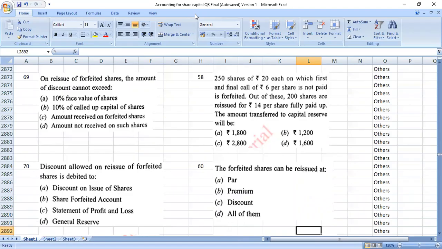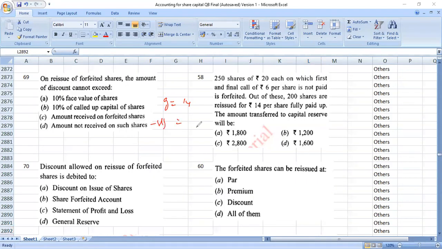But anyway. 250 shares of 20 each on which first and final call of 6 per share is not paid is forfeited. So 14 rupees have been paid, 20 minus 6. Out of the forfeited shares, 200 shares are reissued at 14 per share, fully paid up. Okay. Gain on forfeiture எவ்வளோ அப்படின்னு பார்த்தீங்கன்னா 14 rupees per share.